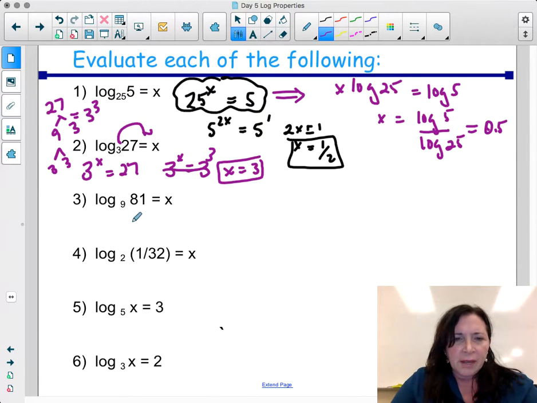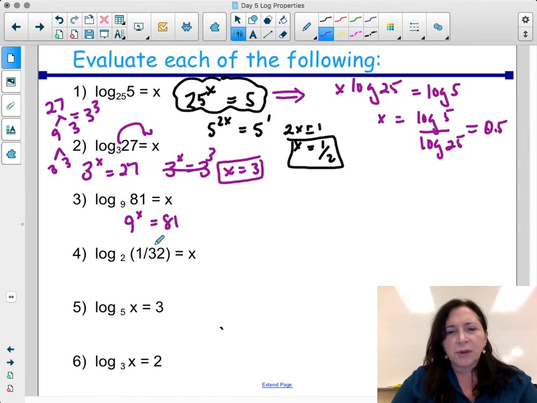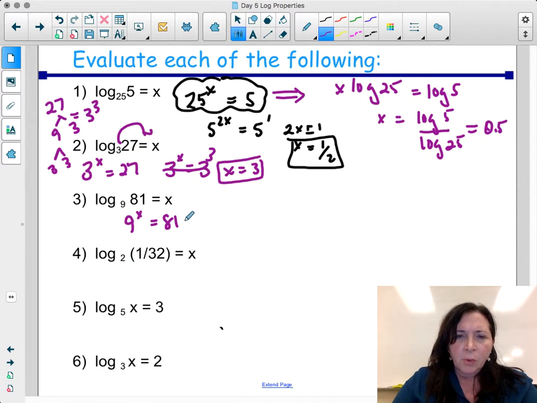Here we have 9 to the x power is equal to 81. I actually have a couple of choices on this problem. One option is to keep it as 9 to the x power and change 81 to 9 squared. Bases are the same, so x is equal to 2.